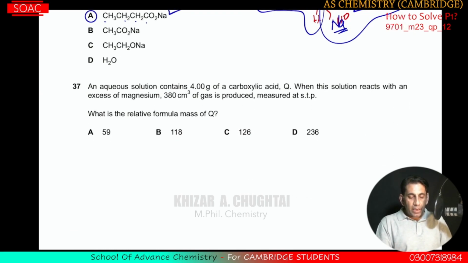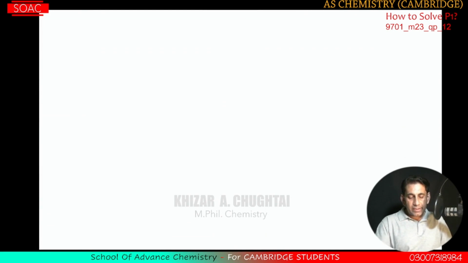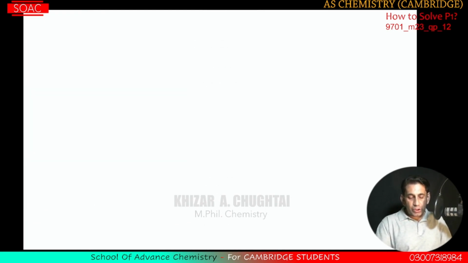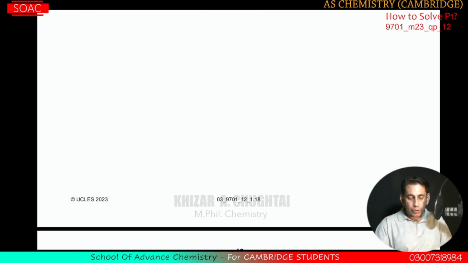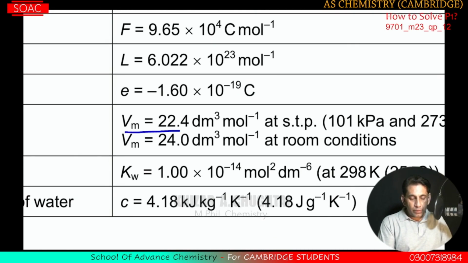Question number 37. An aqueous solution contains 4 gram of carboxylic acid Q. When this solution reacts with an excess of magnesium, 380 centimeter cube of gas is produced, measured at STP. STP you can see in the data booklet. What is STP? At STP, 1 mole of a gas is equal to 22.4 dm cube.